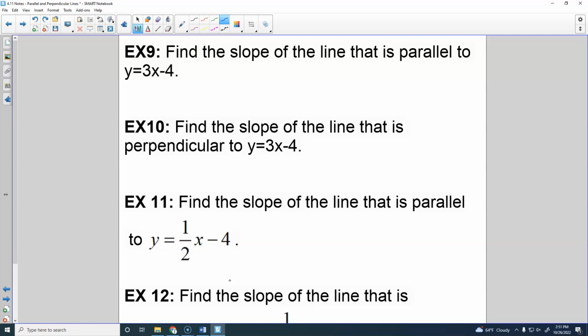So, Aiden, what would we get for this one? That is the equation of a line that would be perpendicular to this. What does this one ask us for? Parallel. Find the slope of the line that is parallel. Oh, yeah. Alright, so what would our answer be, Aiden?